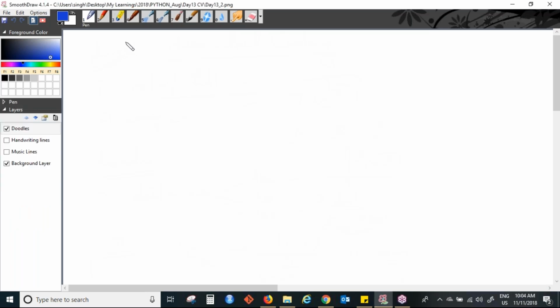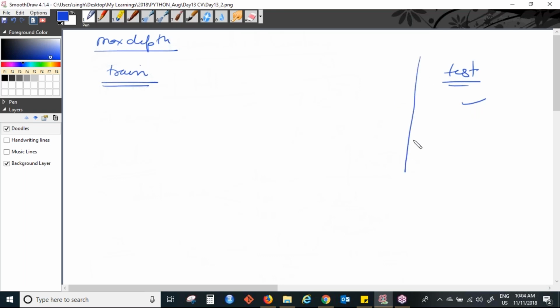Okay. So let's talk about max depth. You have your training data and some test data. Forget about this test data. I don't even know what the test data is. I'm not even looking at that. It is totally isolated. My training data has n rows.